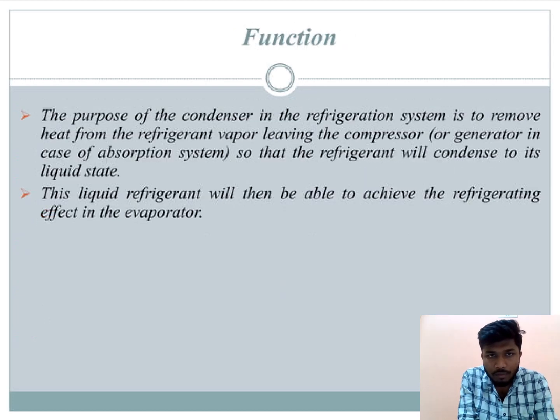The function, or purpose, of the condenser in the refrigeration system is to remove heat from the refrigerant vapor leaving the compressor, or generator in the case of an absorption system, so that the refrigerant will condense to its liquid state. This liquid refrigerant will then be able to achieve the refrigerating effect in vaporization.